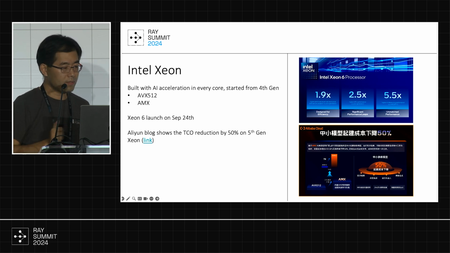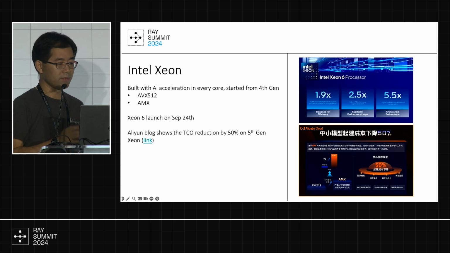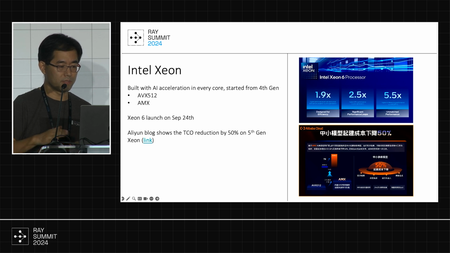Two weeks ago, Intel launched Xeon 6, the latest generation of Xeon. With Xeon 6, as the numbers on the right show, it can deliver 1.9x performance per watt improvement gen over gen, which is an efficiency improvement.